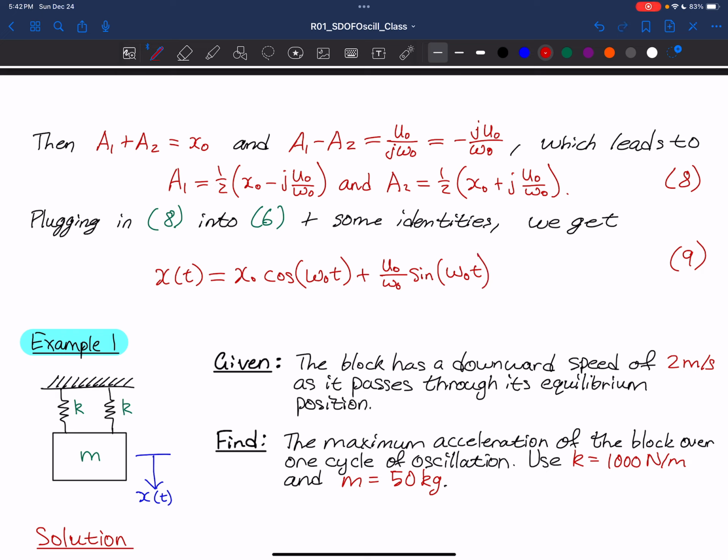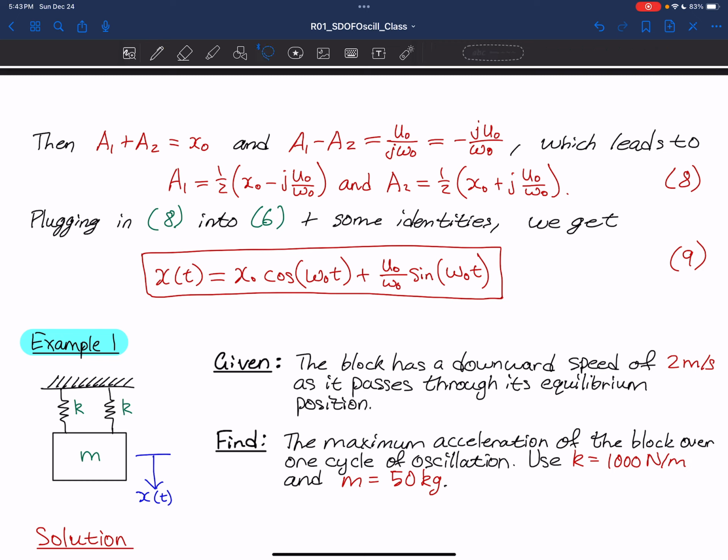And that right there is our full solution, the displacement that is unique and depends entirely on those initial conditions.